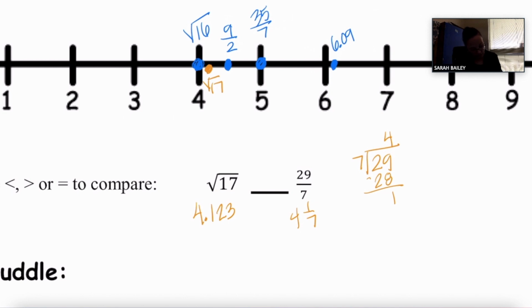And 29 sevenths is about 4.14. Okay, so based on that, we can see that the square root of 17 is less than 29 sevenths. So for some of these, we may need to actually find the actual value or a more appropriate decimal equivalent.